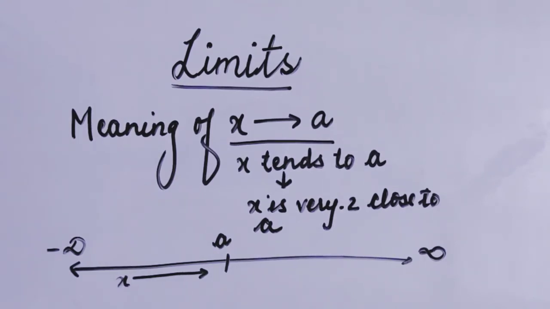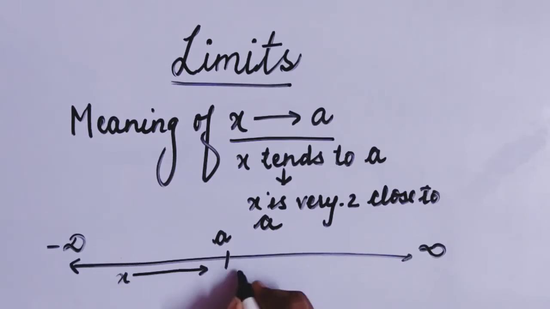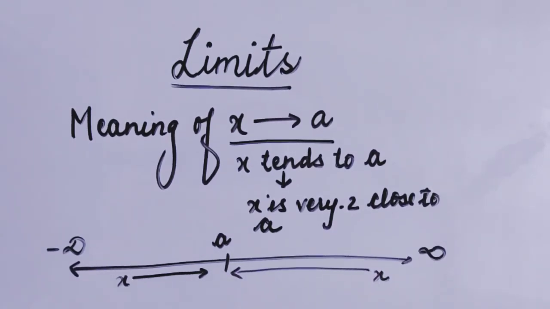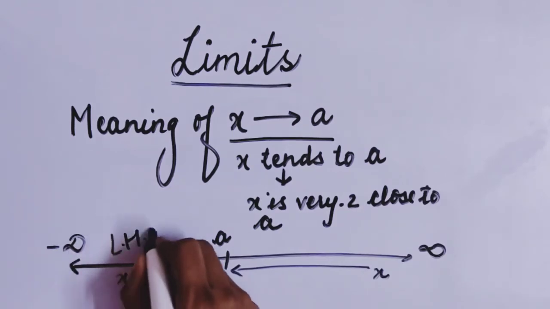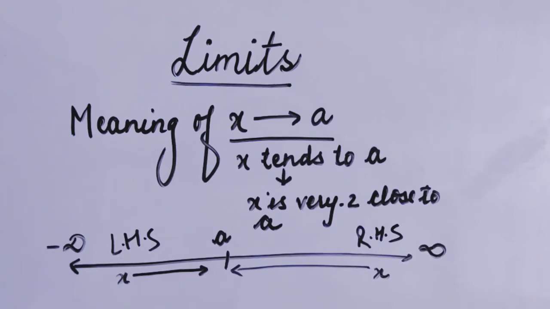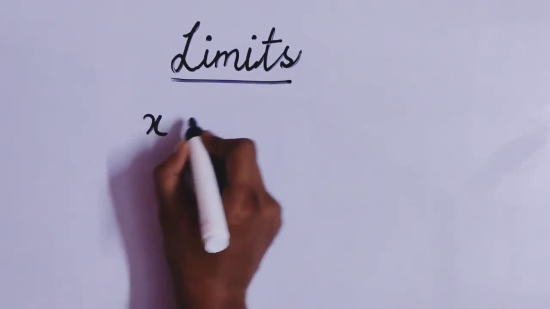But if we are saying x is approaching A from the right hand side, we'll show it in this manner. This is from the left hand side but this is from the right hand side. Fine students?